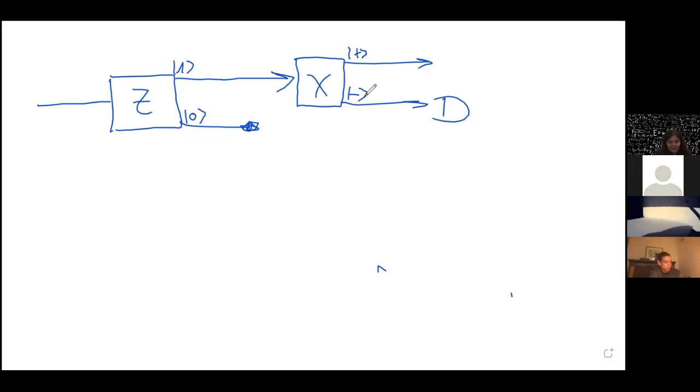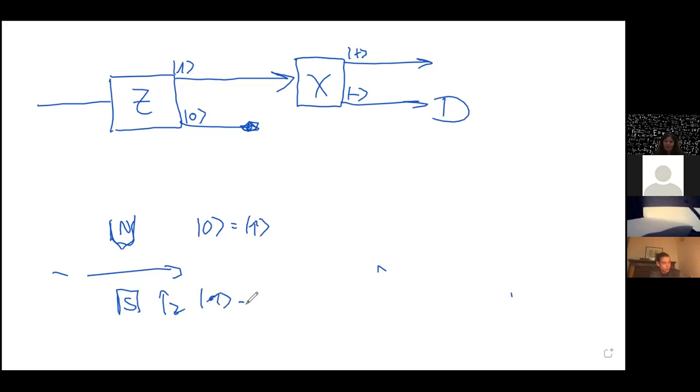First of all, I will draw it again. It's hard to draw. Now this here is my set basis, so I go like this. I get 0, which is spin up, or 1, which is spin down at the end. And then I can do it in the X direction.